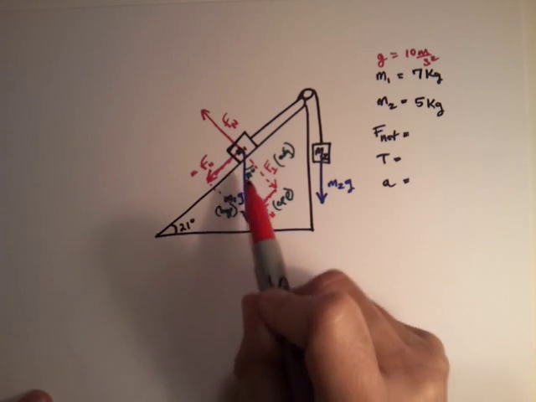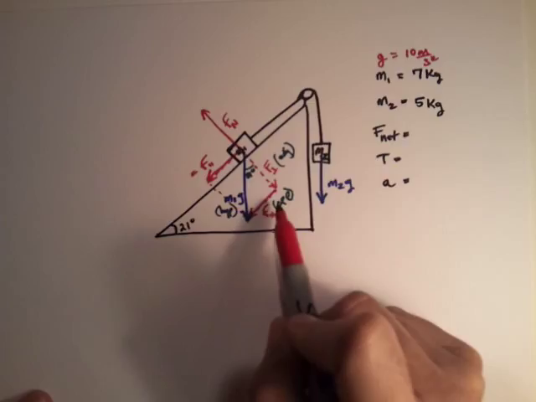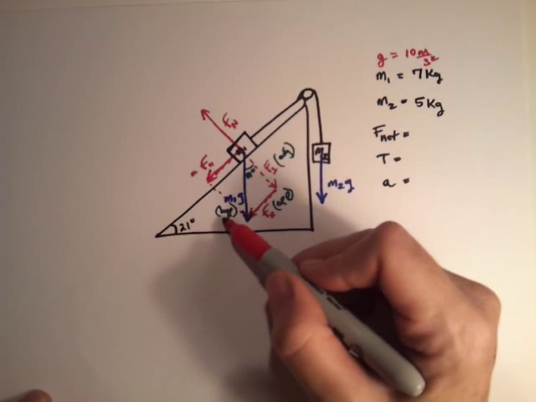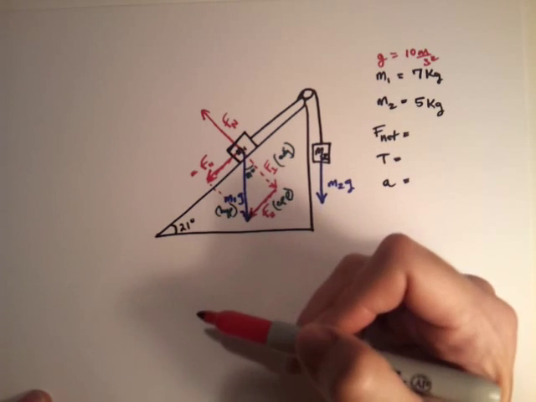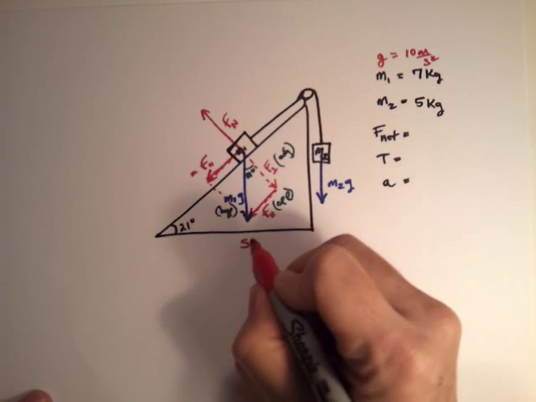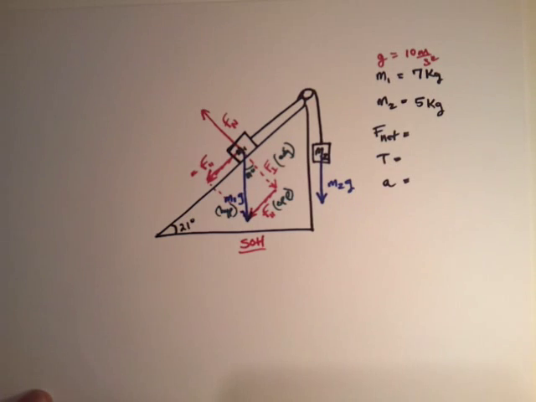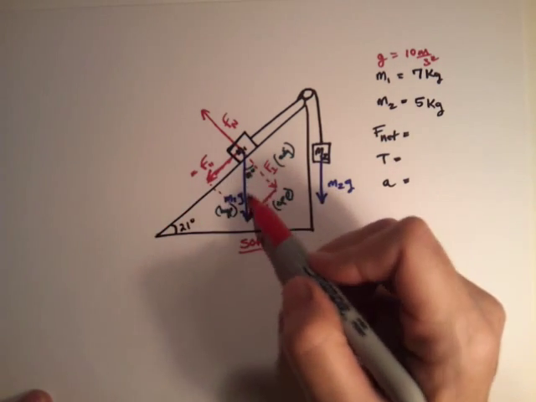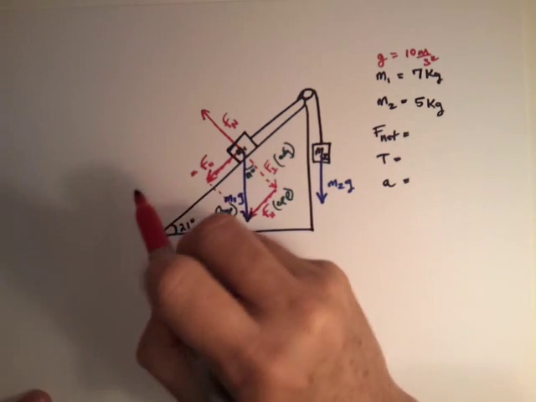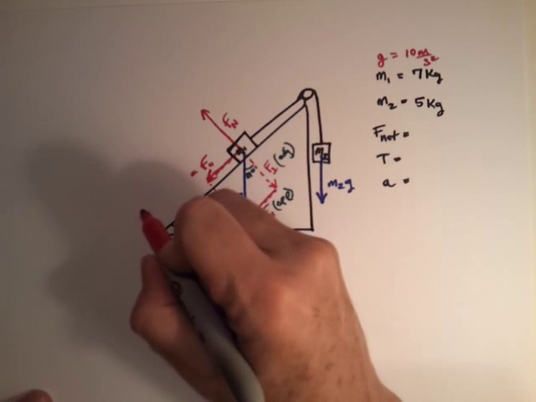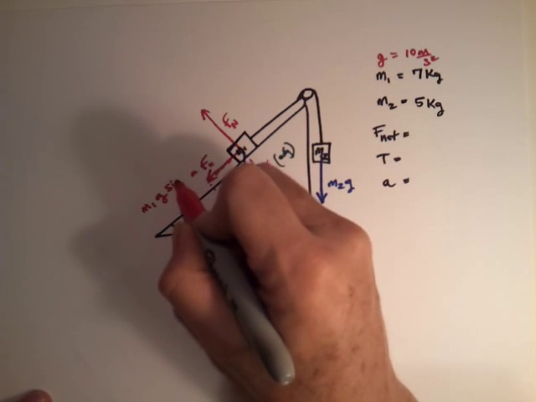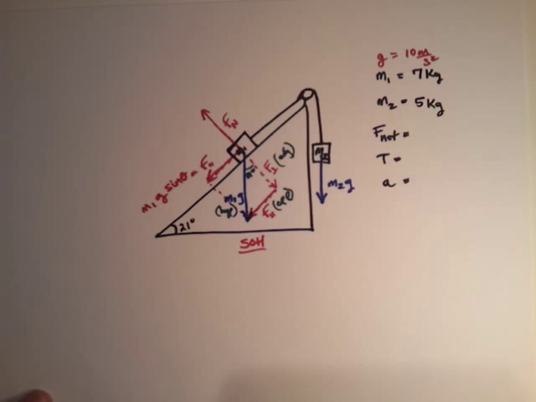I can use this value plus the angle to calculate that using SOHCAHTOA. So I'm using SO of SOHCAHTOA. So this hypotenuse, which we'll label as M1G, times sine theta. That's how I'm going to get that number.